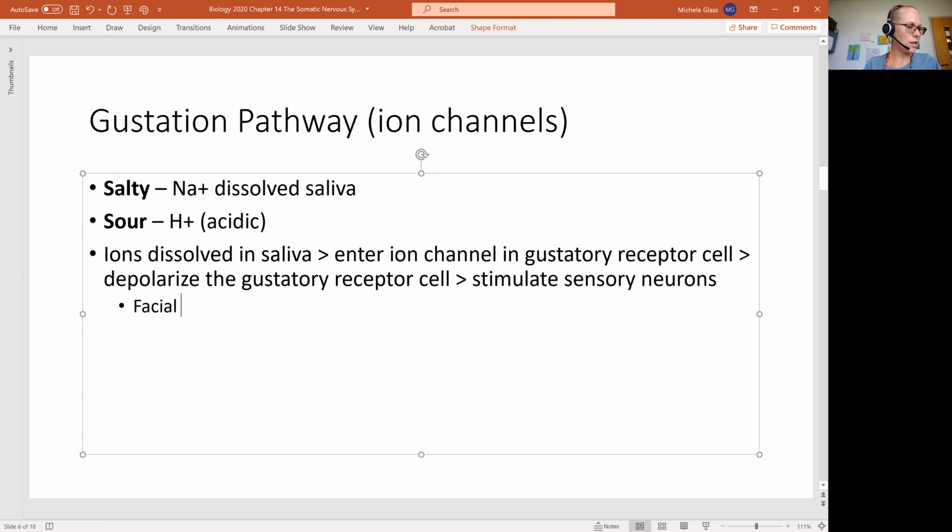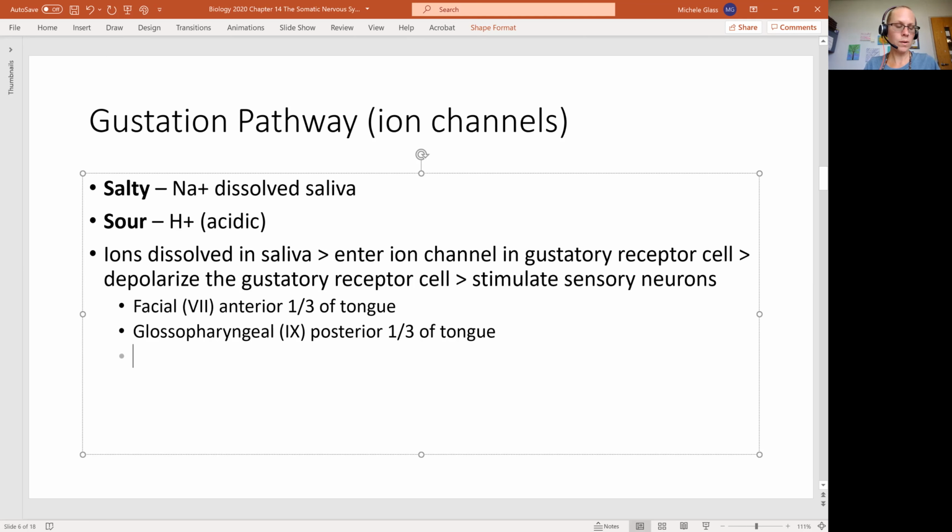So we're going to see the facial nerve, which is going to be the anterior 1/3 of the tongue, or we're going to see it stimulating the glossopharyngeal nerve, which is going to be the posterior 1/3 of the tongue, or it might be the vagus nerve.